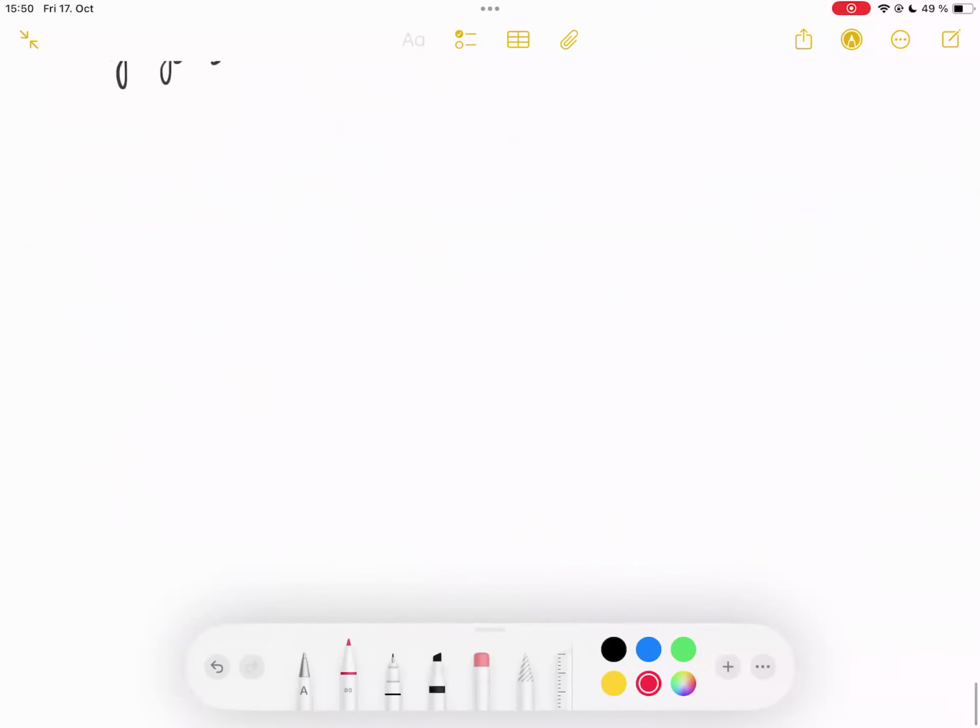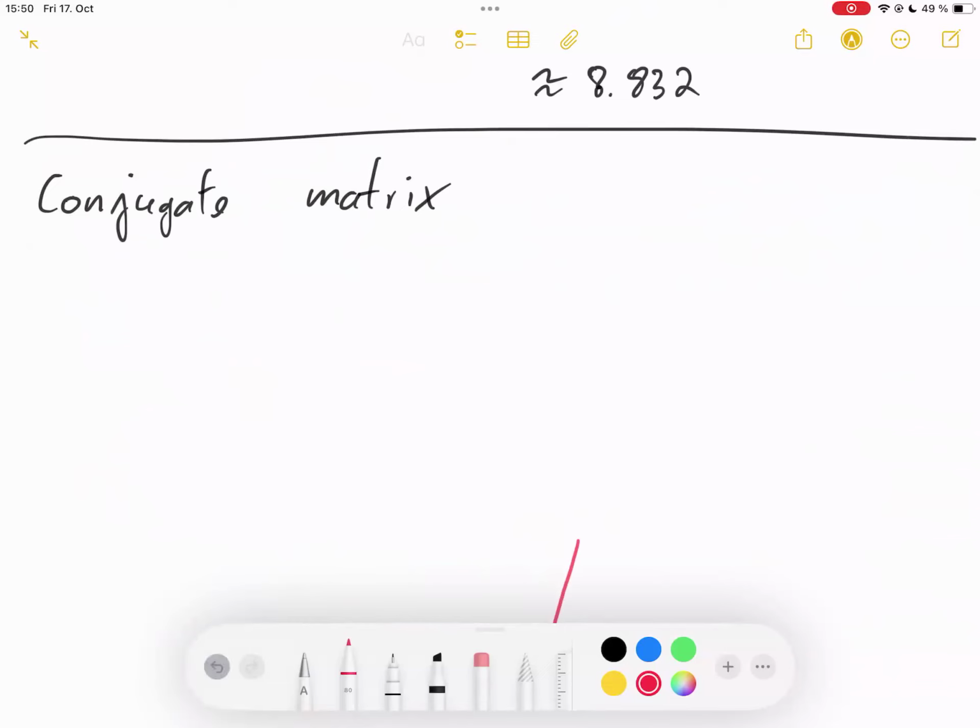If you remember, the conjugate was, we just changed the sign of the imaginary part. Now, there's a new concept in complex vector spaces, the conjugate matrix. And this one is often denoted as A bar. Sometimes it's denoted as A star in the literature, because the star is sometimes used also to describe the conjugate of a complex number.